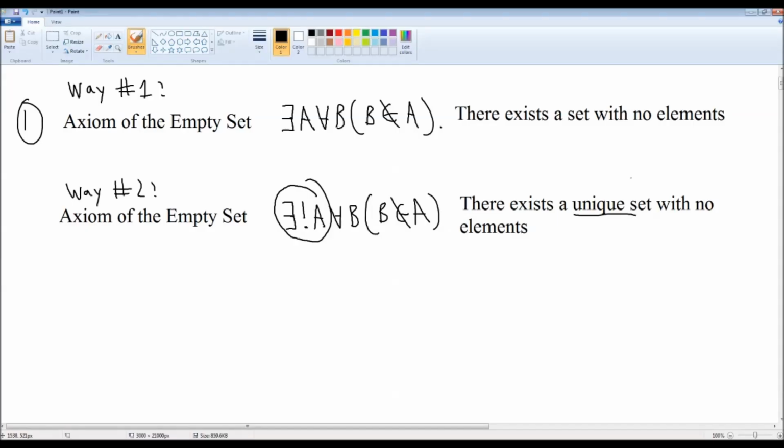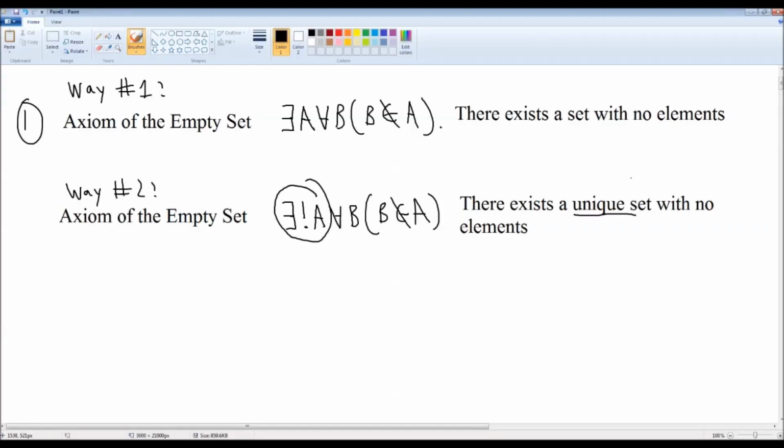Version number two is not equivalent to version one because unique is stronger than just merely existing. However, as we proved earlier with the axiom of extensionality, you can prove that if there is a set that has no elements, then it has to be unique by extensionality. Therefore, even the two axioms by themselves are not equivalent.